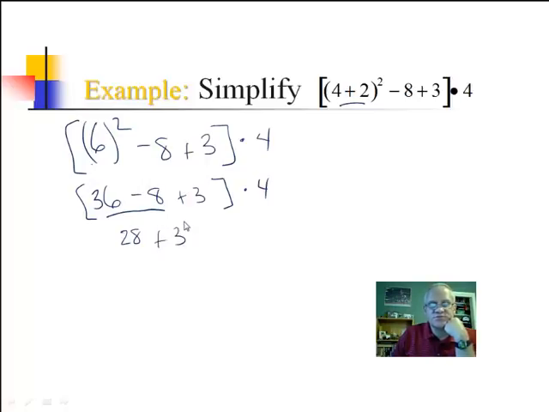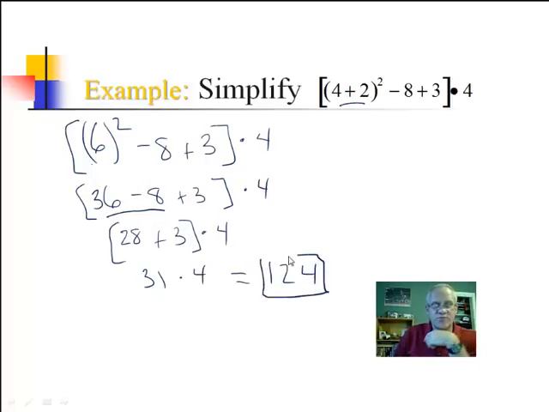We still have the plus 3, and then still times 4. And now to finish out those brackets there, 28 plus 3 is 31. And so to finish it out, we go 31 times 4, which would equal 124. So that's what we end up with for our answer, 124, when we work that out.